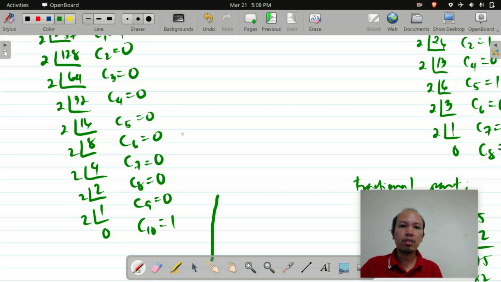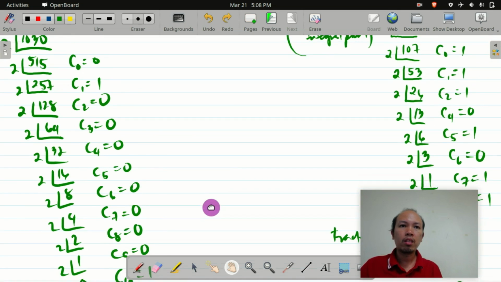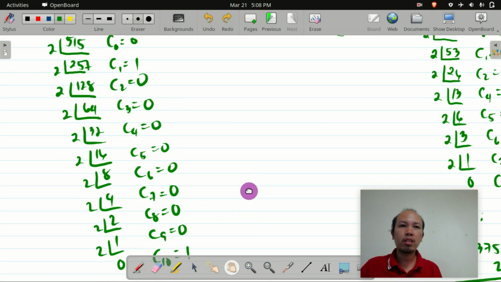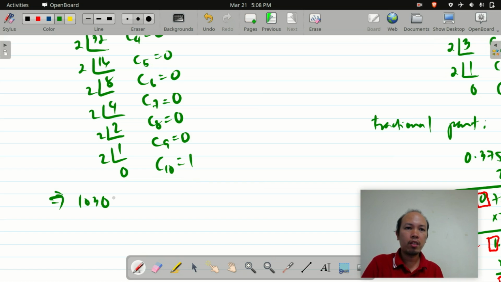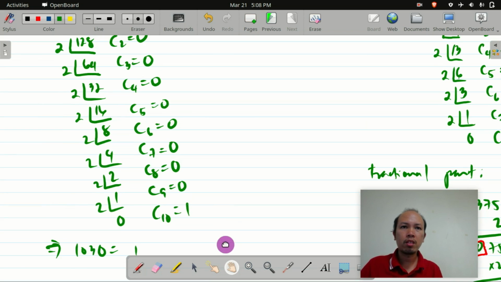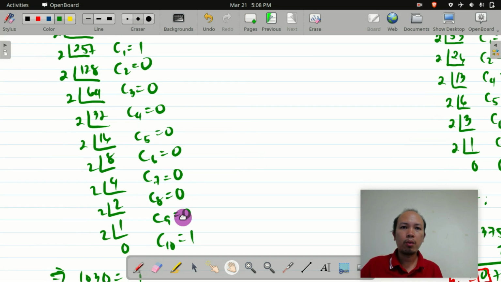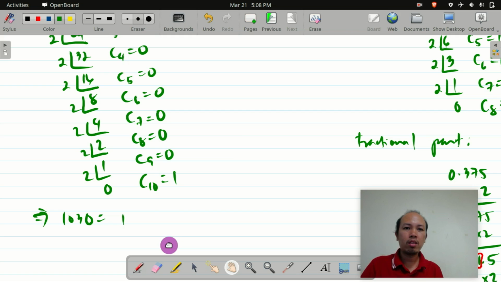how do we represent 1030? So this implies that 1030 is 1, how many zeros? 1 2 3 4 5 6 7 8, 8 zeros.